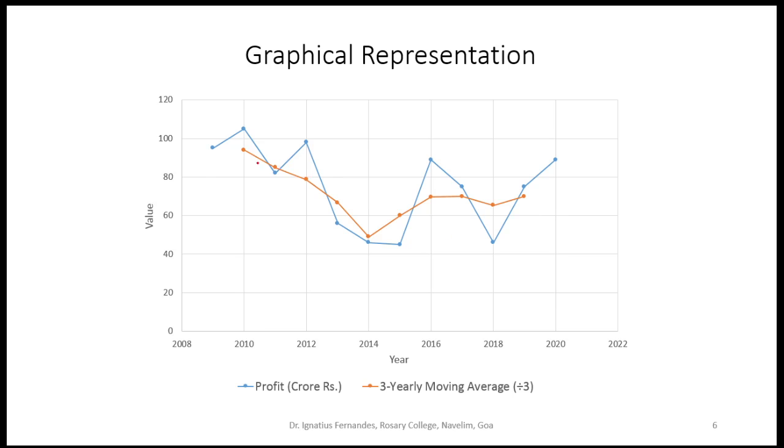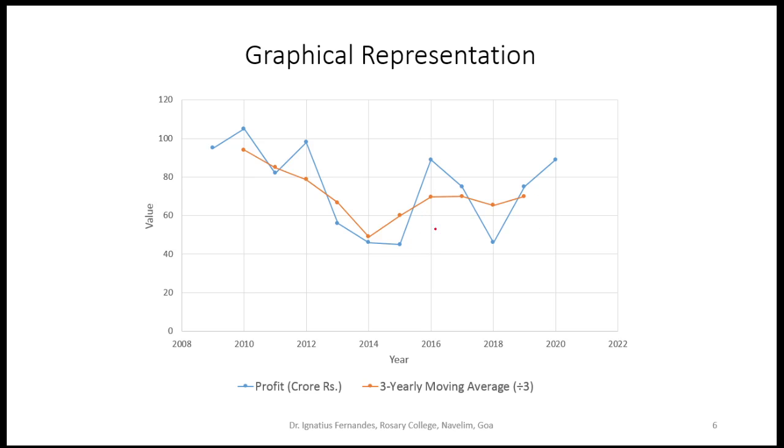That's how I have got this 3 yearly moving averages curve. I've marked these points and joined them using a line graph. So basically I could see a better trend followed in this time series after using 3 yearly moving averages.